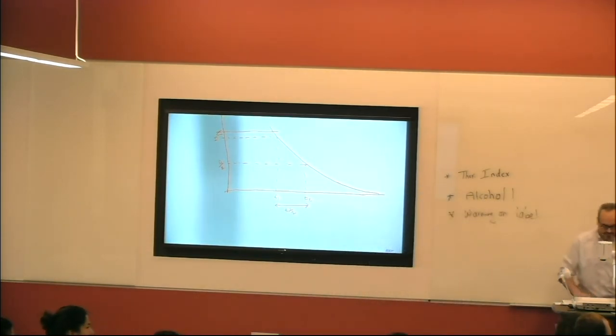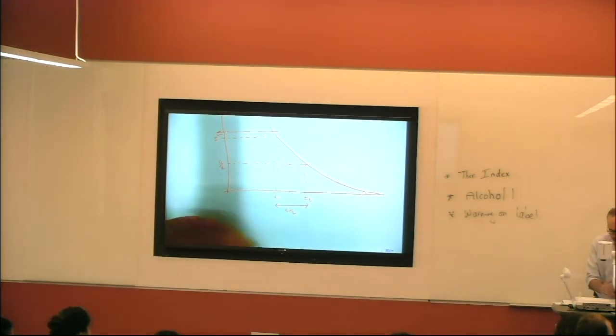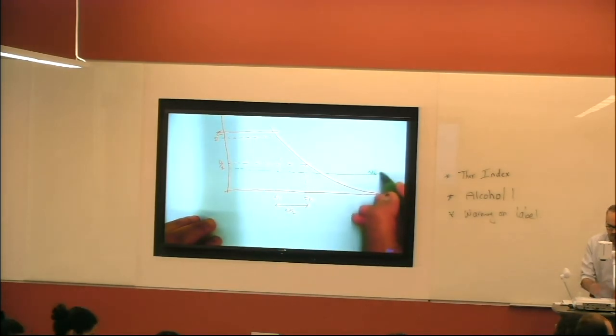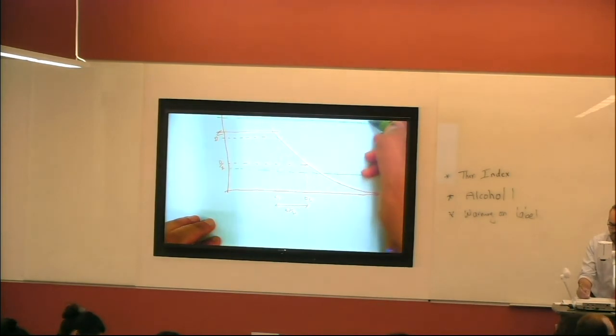In this case, the MEC and the other ones are not going to affect how you calculate the method. Let's just say this is the MEC and this is the MTC.